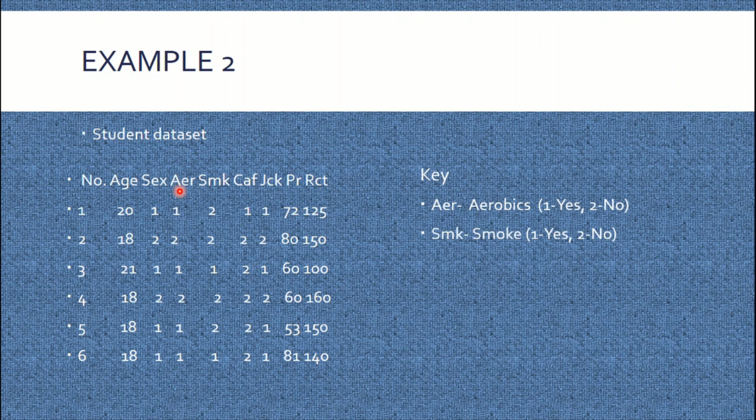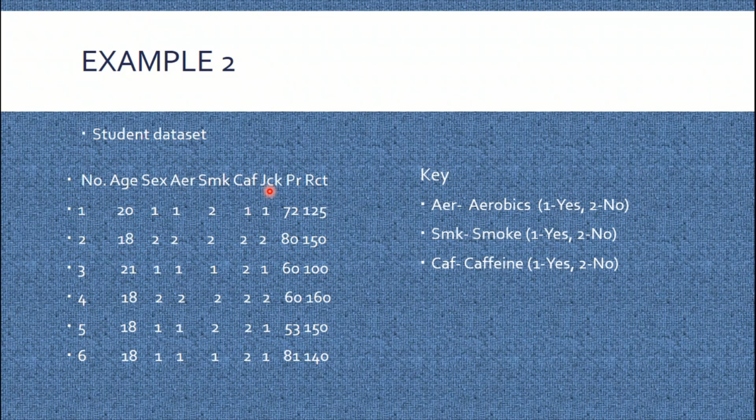The following column, labeled SMK, represents smoke or smoking, which tells us whether the student smokes or not, with 1 representing yes, that they do smoke, and 2, no, that they do not smoke. CAF represents caffeine, with 1 stating that the student takes caffeine or coffee, and 2, that they do not.